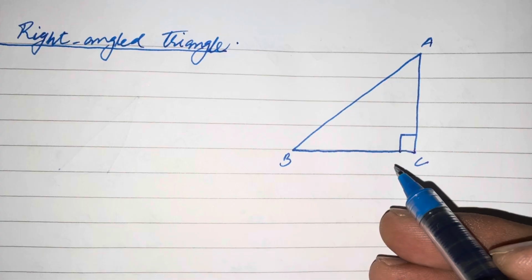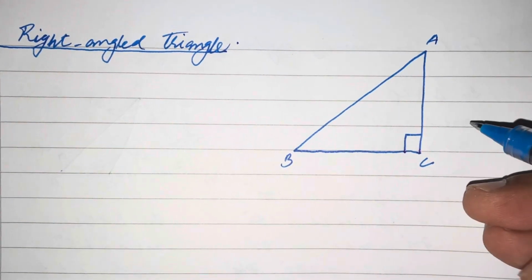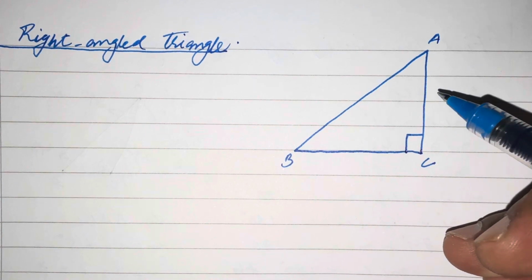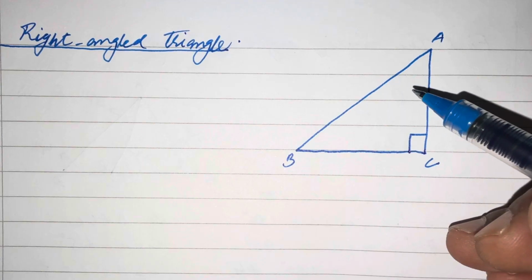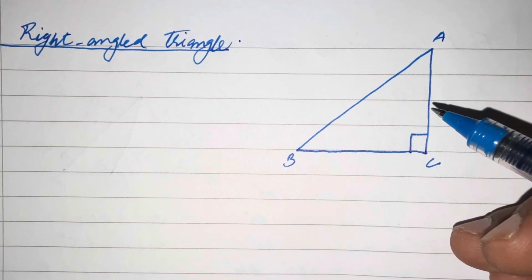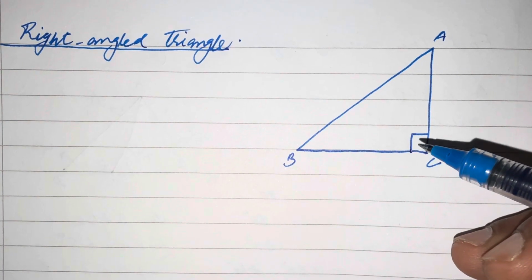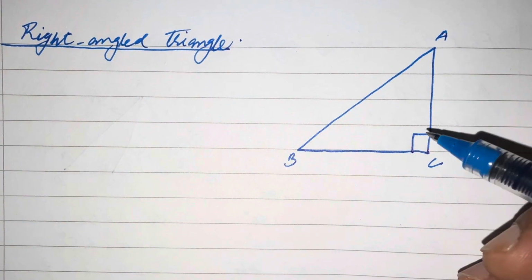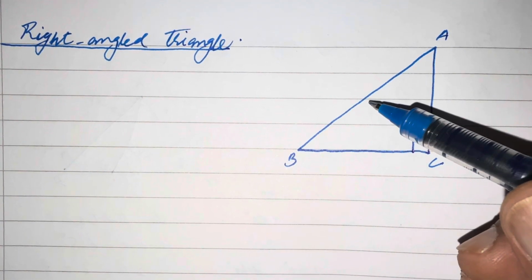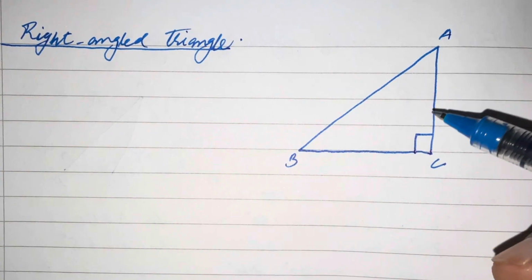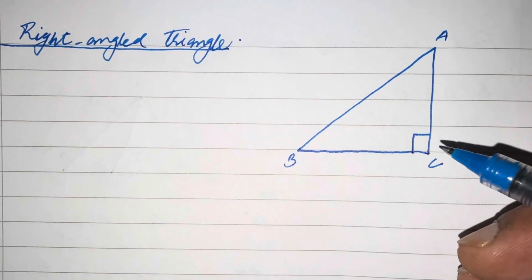Pythagoras is a mathematician who told us how we can find the different sides of the right angle triangle by using the sides of the triangle. In our coming lectures we will be able to find the length of the sides of a right angle triangle.